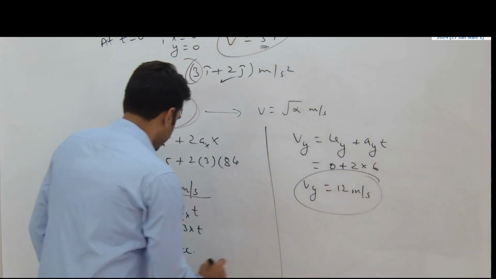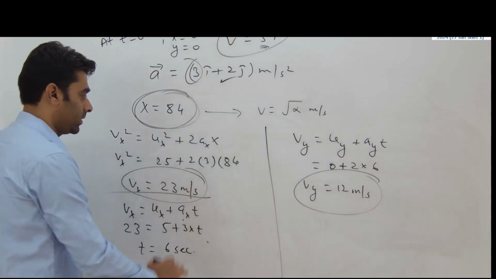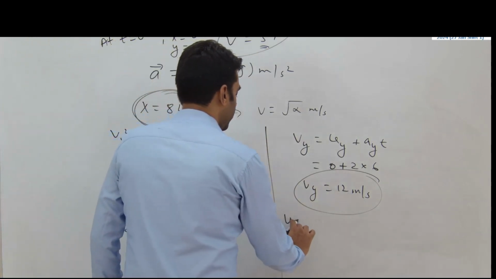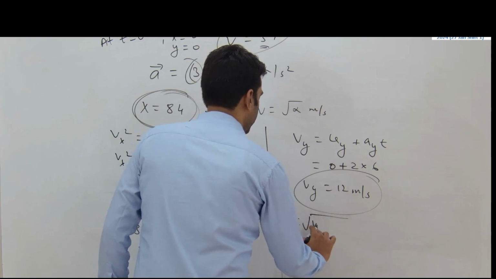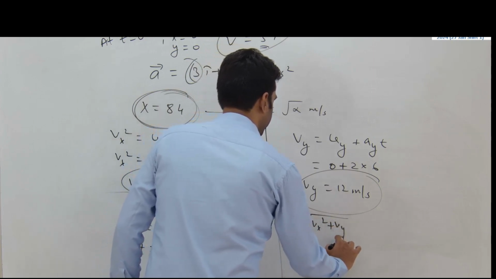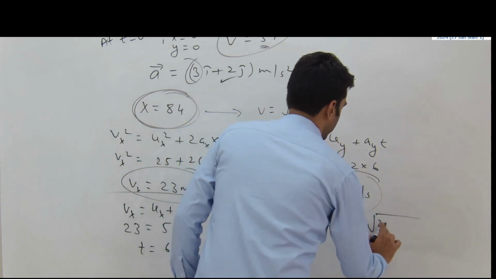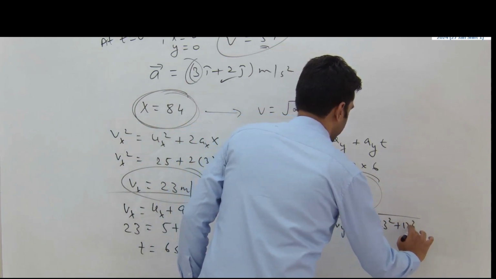You have got Vy, you have got Vx at x equals to 84 after 6 seconds. So let us calculate V. It will be root over Vx square plus Vy square, which is root over 23 square plus 12 square.